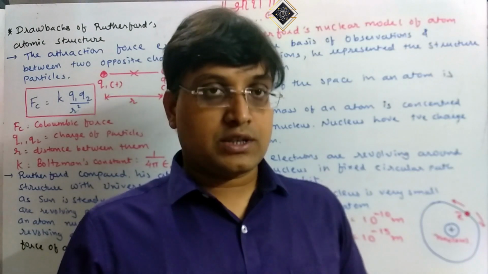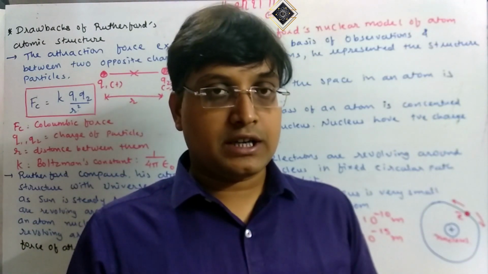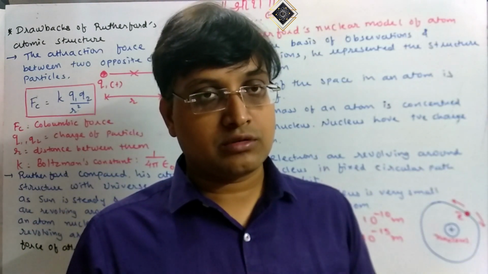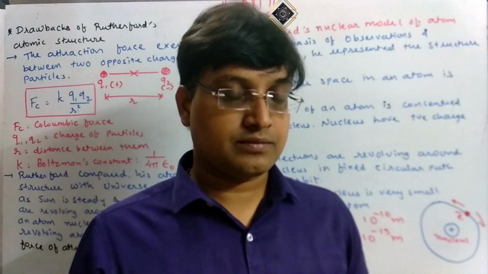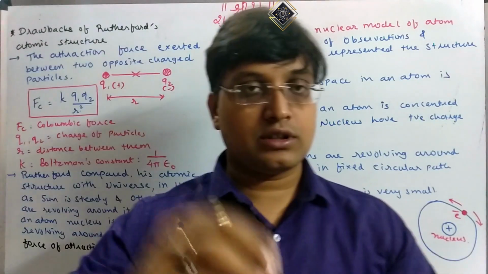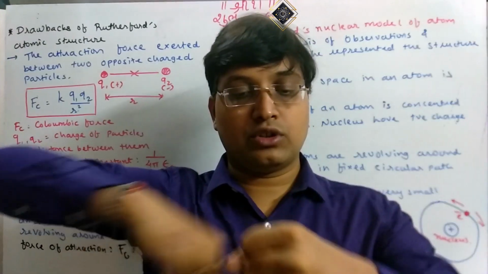According to Maxwell, any charged particle in motion always loses its own charge. So what happened? Suppose the electron is rotating around the nucleus in this way.